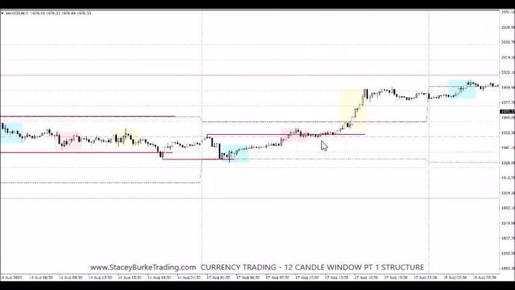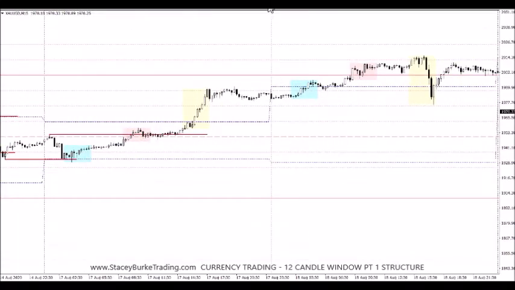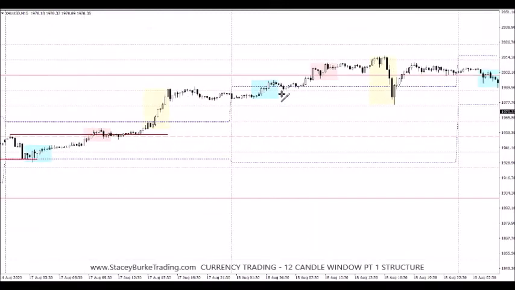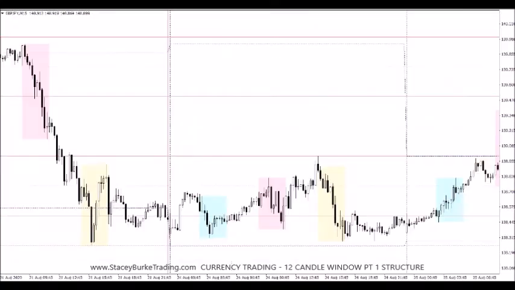Again, we have these larger structures for measured expansions, and we'll talk about numbers in the next few videos, but just keeping ourselves out of low probability trade setups where the market potentially is trapping volume before it breaks to one side or the other structure.